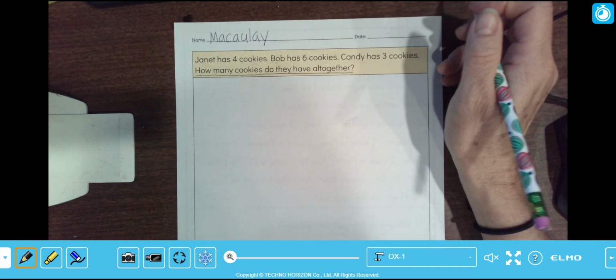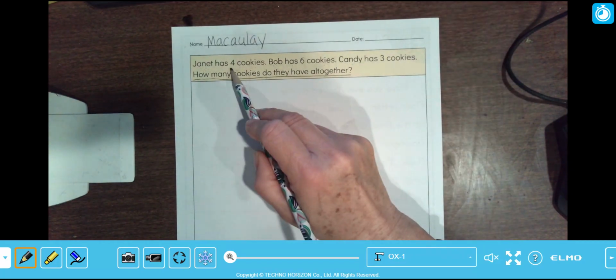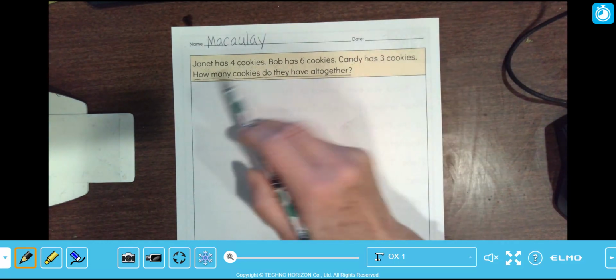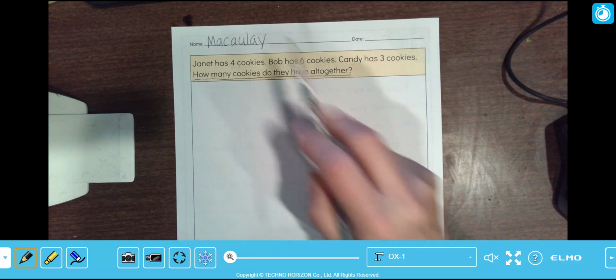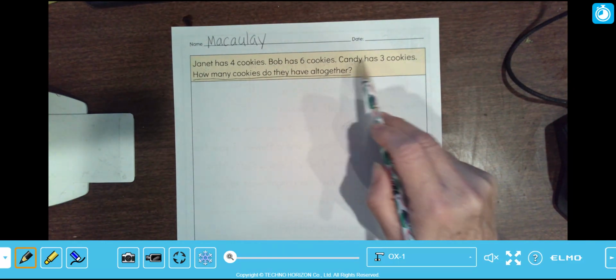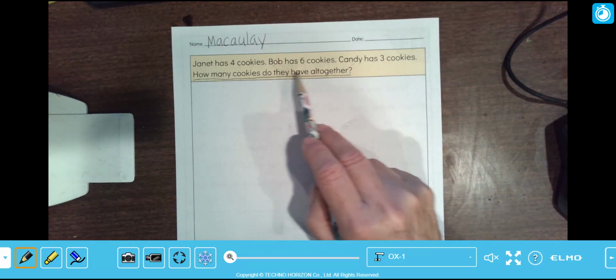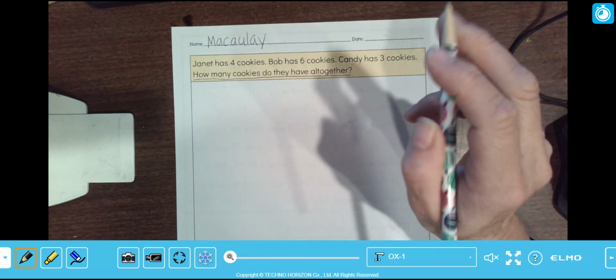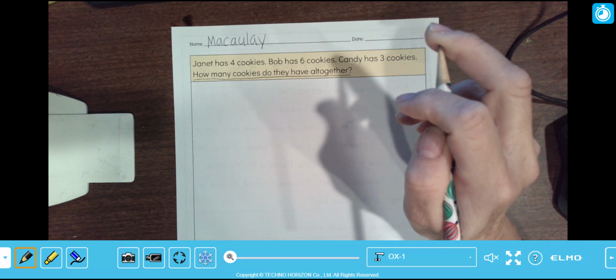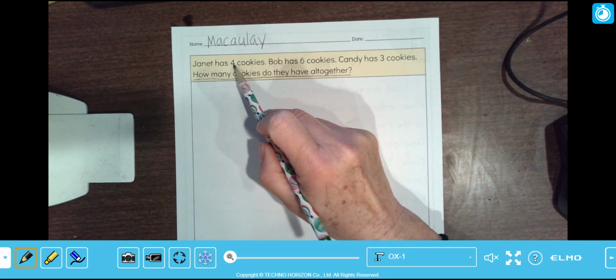Now we're going to think about whether the answer is going to get bigger than 4 cookies or smaller than 4 cookies. Here I go. Janet has 4 cookies. Bob has 6 cookies. Candy has 3 cookies. How many cookies do they have altogether? So is the answer going to be more than 4 cookies or less than 4 cookies?